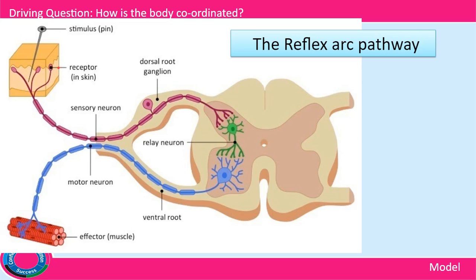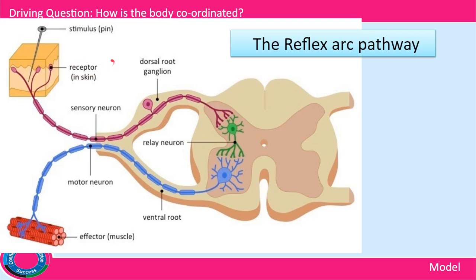When we say change in environment, we can mean that it is too hot or too cold, or where you are about to fall over, or where the light is too bright or the light is too dim. So receptors are found in all your sense organs, and those receptors detect a stimulus. And this word stimulus means a change in the environment.